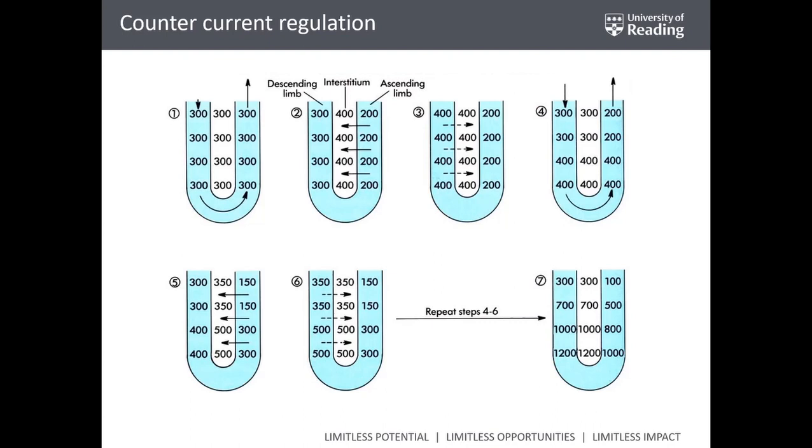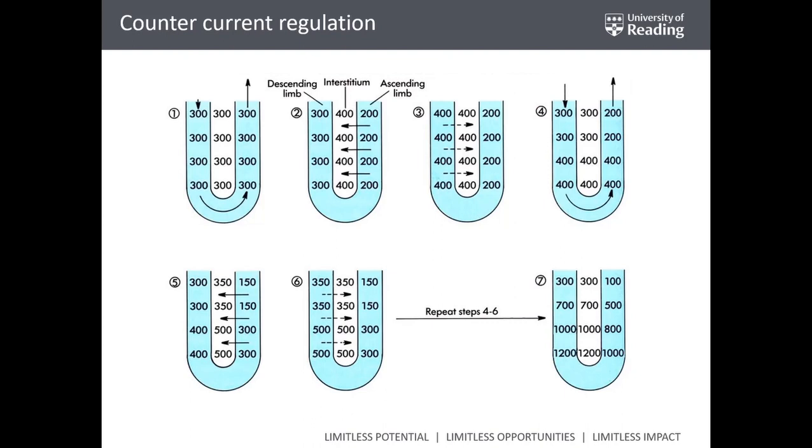In the initial phase, we have the descending limb, which has a filtrate with an osmolarity of 300 milliosmoles per liter. The interstitial fluid in white has an osmolarity of 300 milliosmoles per liter, and the ascending limb filtrate has an osmolarity of 300 milliosmoles per liter.